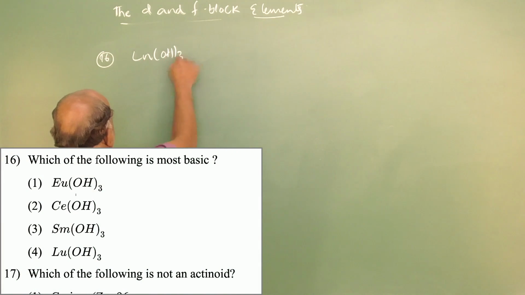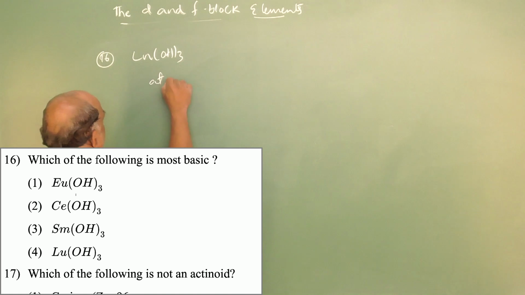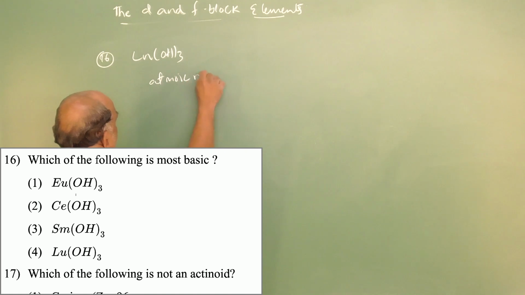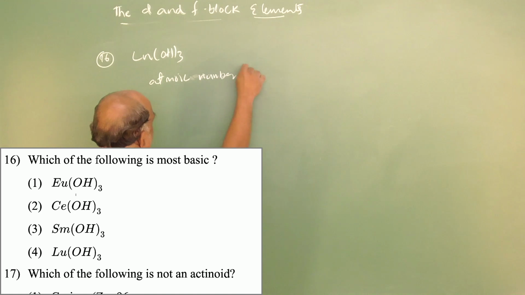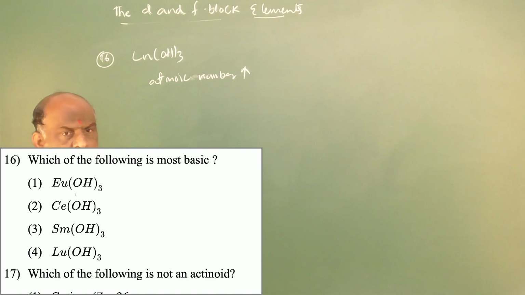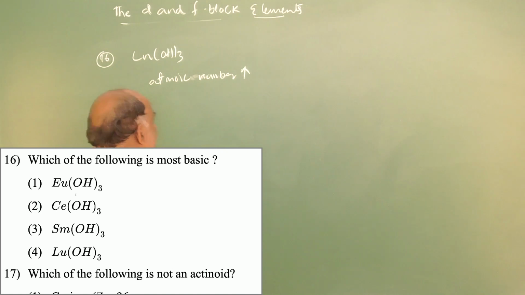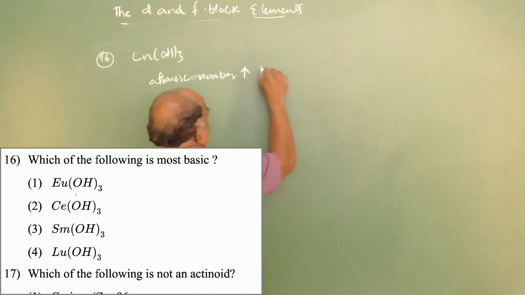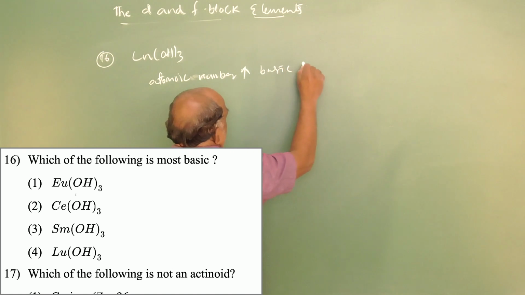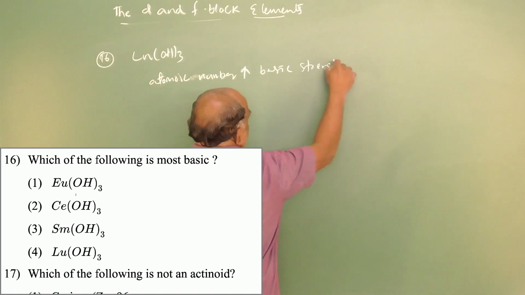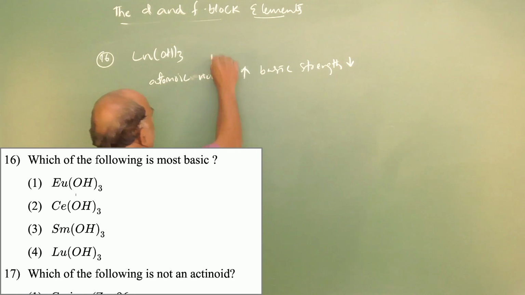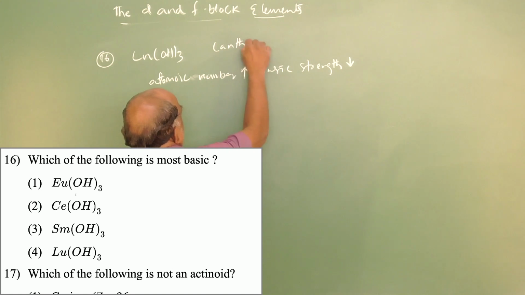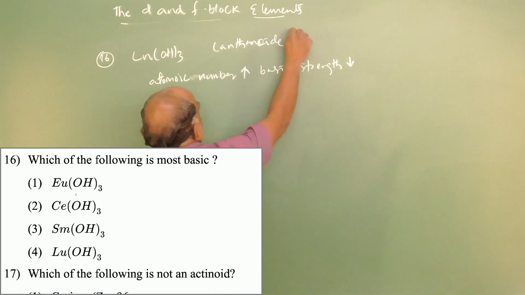Ln(OH)3. As atomic number increases, basic strength decreases, because these are lanthanide hydroxides.